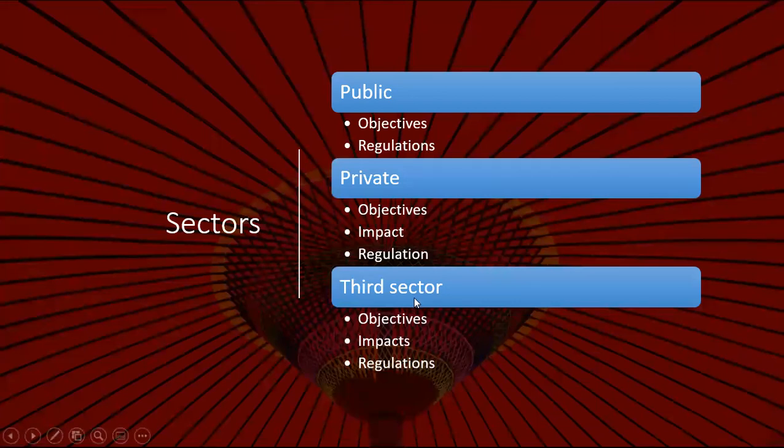Or the third sector will have revenue from donations from other people. So the donor can have some conditions for giving the donation. So when procurement receives something from others, you should have a policy on gifts and hospitality.